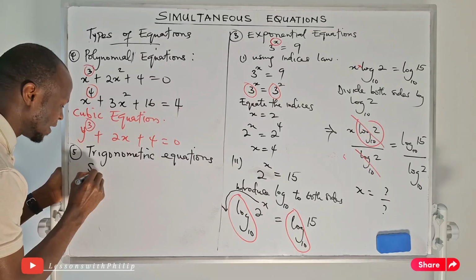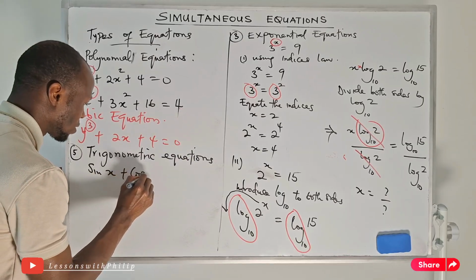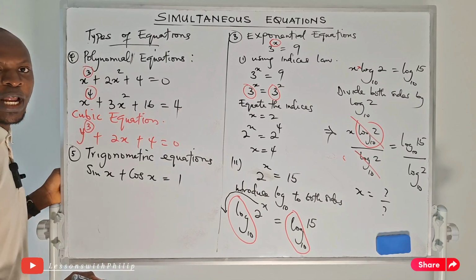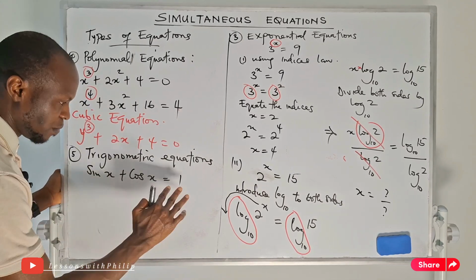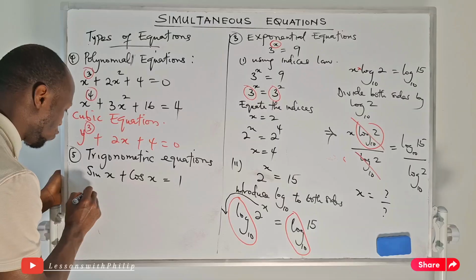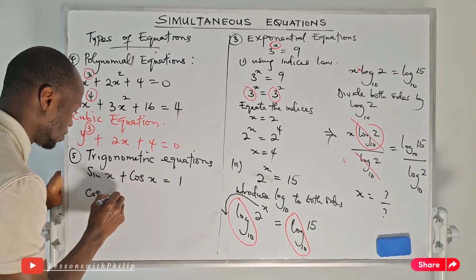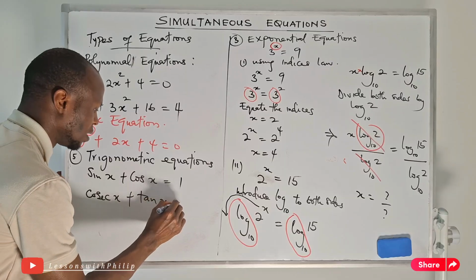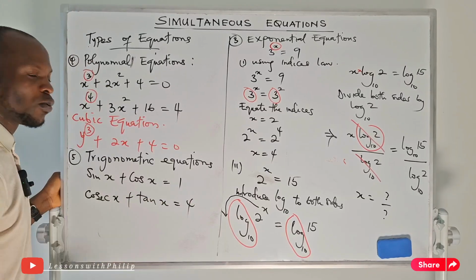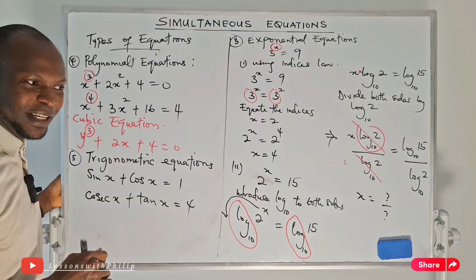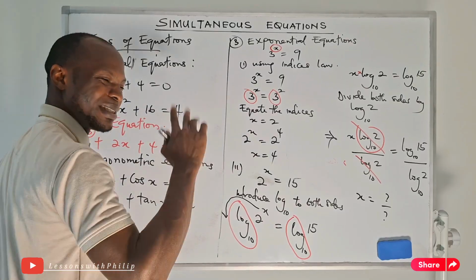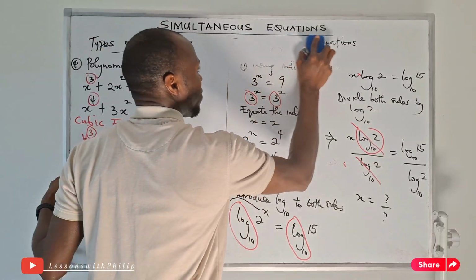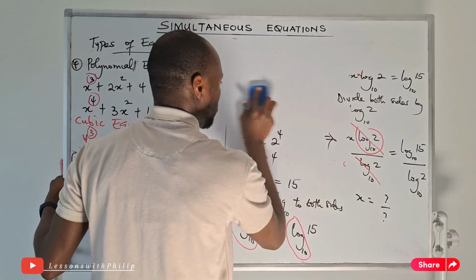For example, if I have sine x plus cos x equals 1, this equation is known as a trigonometric equation. I can have cosec x plus tan x equals 4. This is also known as a trigonometric equation, and we are still going to deal with this maybe in our coming classes. All right? Now, let's go to another type of equation. That's number 5. We have a lot of them.